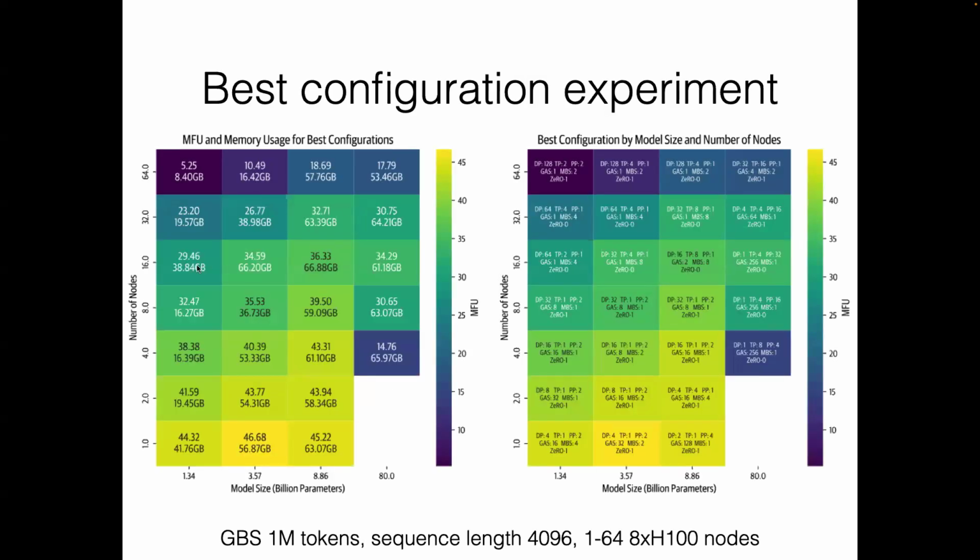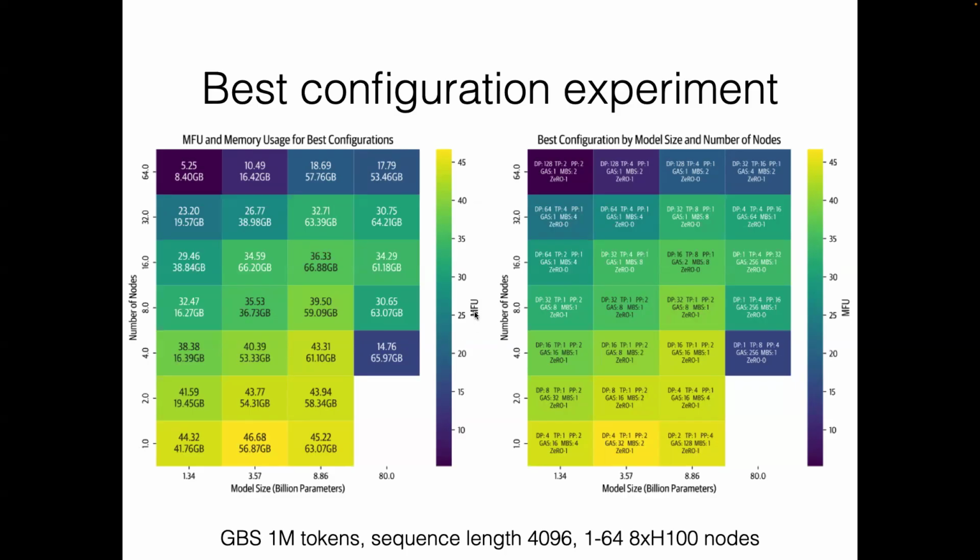I don't have the visualization from the start of the slide, but here's a table. This is summarizing a lot of these 4,000 experiments that they did. On the left-hand side, we have the utilization, the MFU, and the memory usage for the best configuration, with a given model size and a given number of nodes.